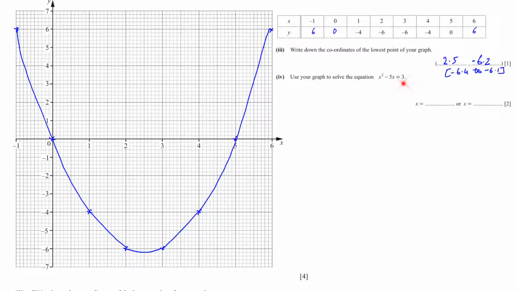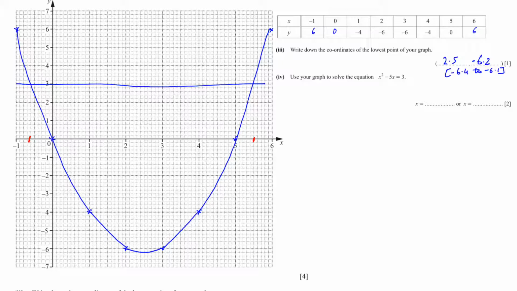This 3 is your y value, which is here. So we draw a straight line here, and then we look at the corresponding x value. You have one value here, and the other is here. So what is the corresponding x value?